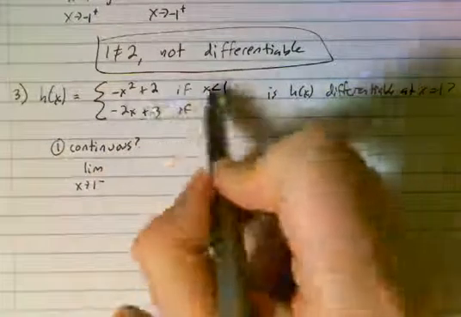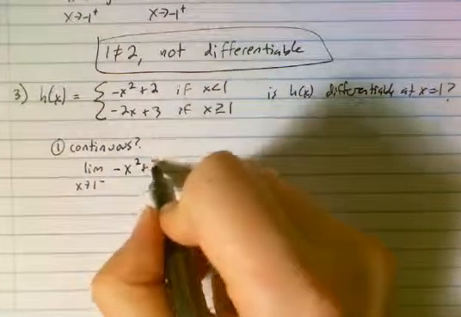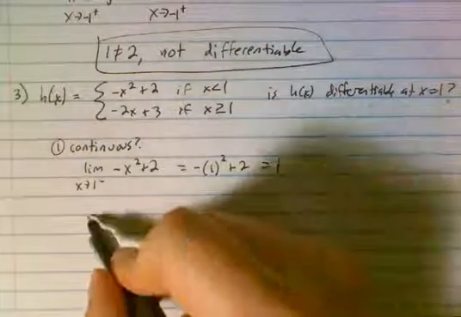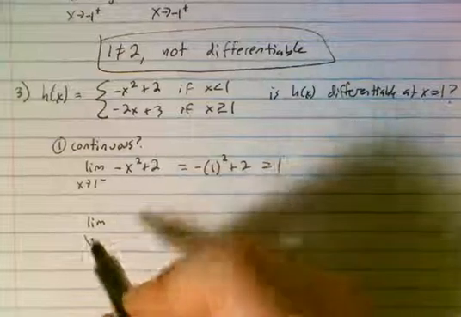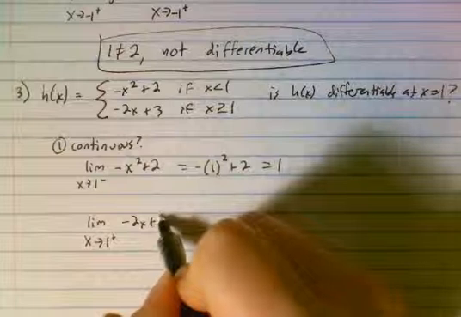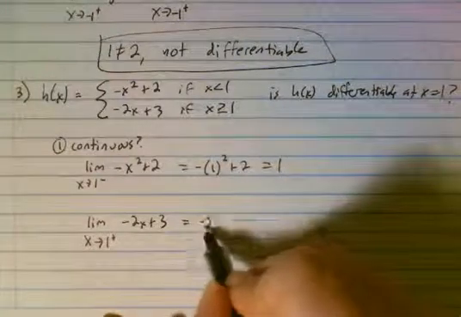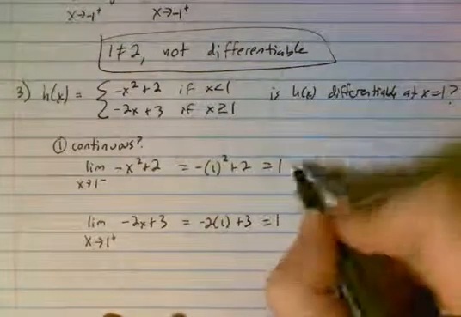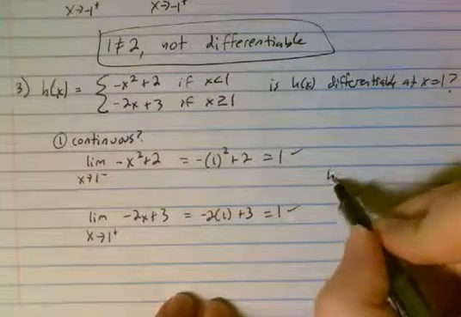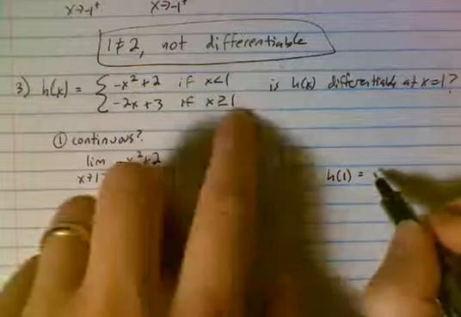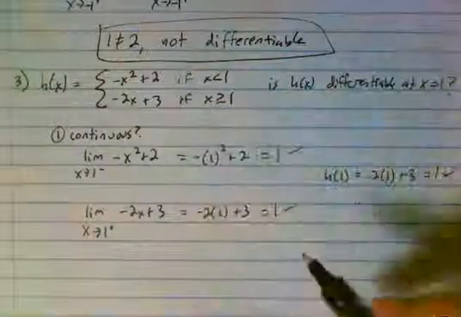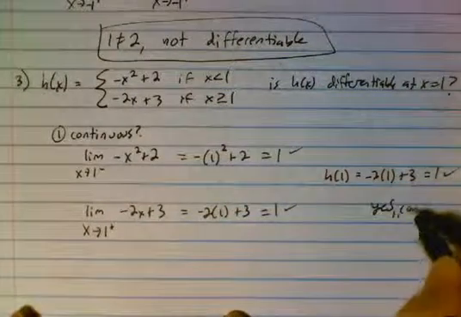When x is less than 1, the function on the left is negative x squared plus 2. When we're approaching from the right, our function is negative 2x plus 3. And h of 1 is this one, negative 2 times 1 plus 3. So yes, it's continuous.